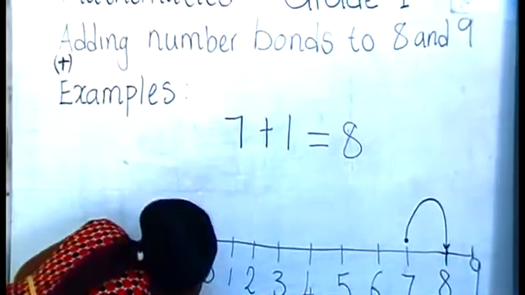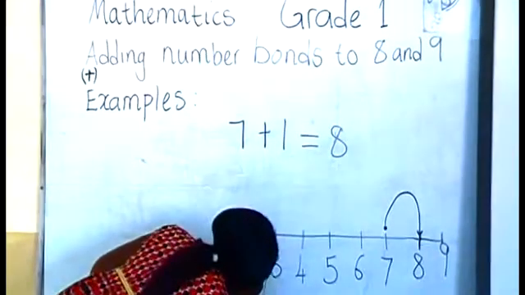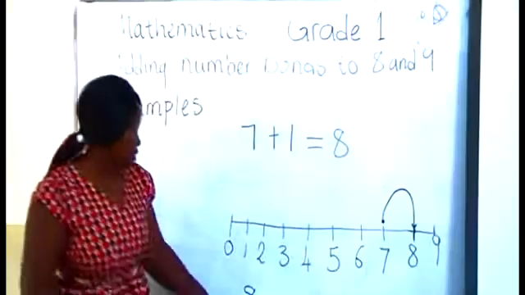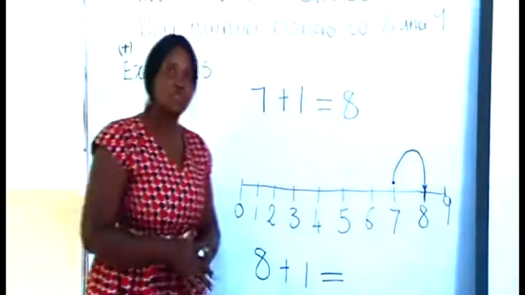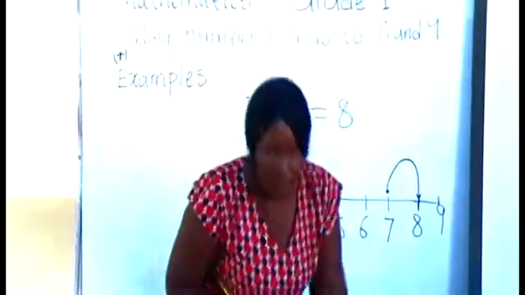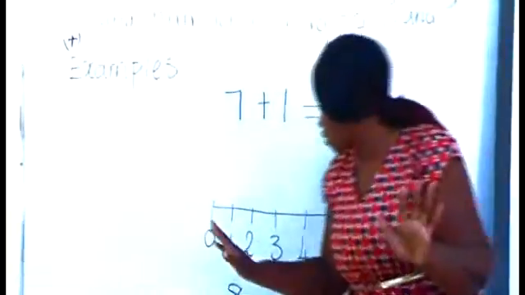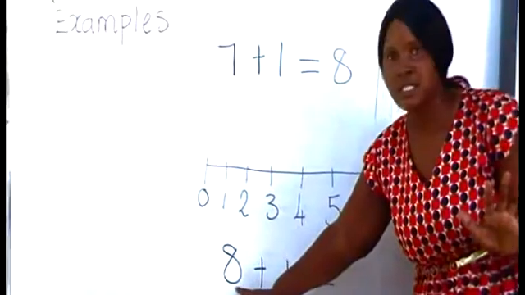The other question is 8 plus 1. This is the last example. In this case, we are not going to use the number line, but we will just use our fingers. First of all, you look at the bigger number. In this case, 8 is the bigger number.